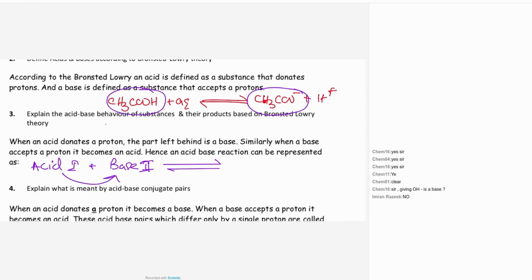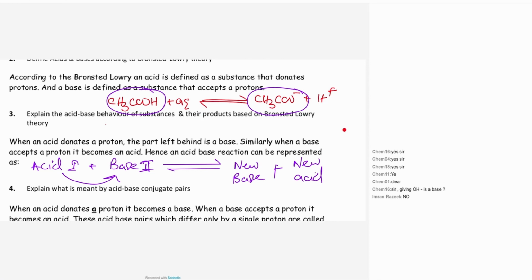And when the acid gives the proton to the base, it forms a new base, base 1. And when the base accepts a proton, it forms a new acid.